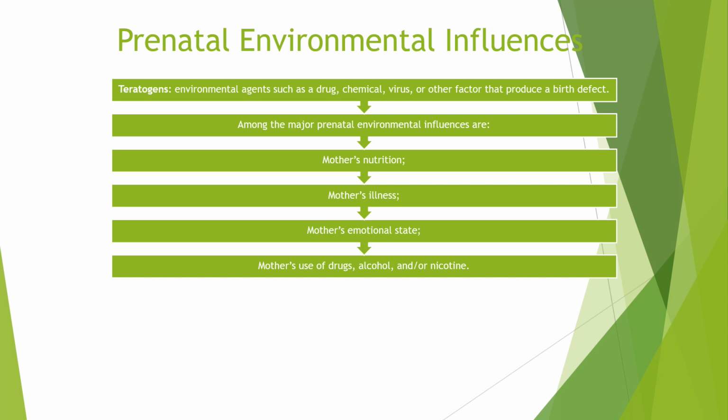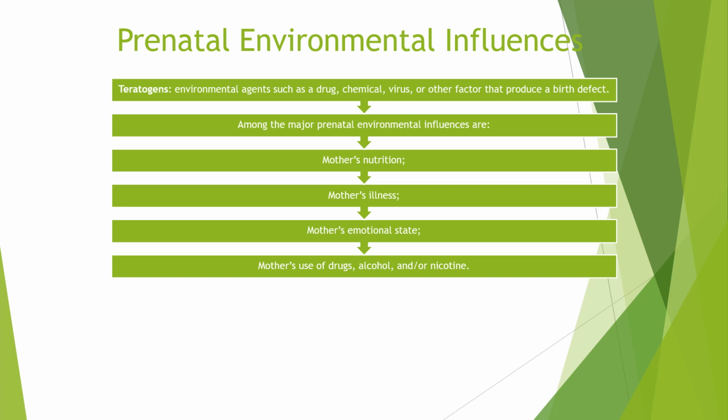So if the mother, while she is pregnant, does drugs, that could be a teratogen. If she consumes alcohol, that could be a teratogen. If she has a virus while she is pregnant, that is a teratogen. Or there could be another factor, but all of these teratogens can produce various birth defects.